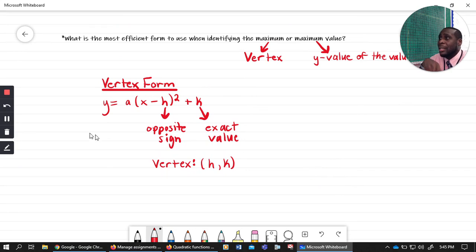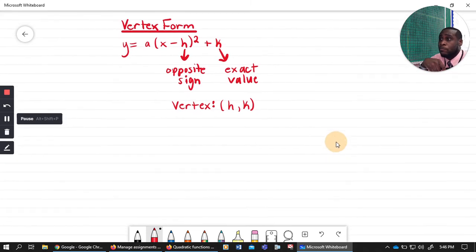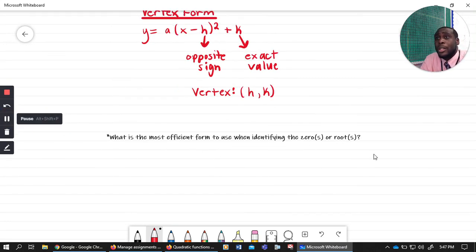Alright, so the last thing that we're going to do is which form is the most efficient form for identifying zeros or roots. Alright, so remember, guys, that we've heard these terms before, zeros and roots.